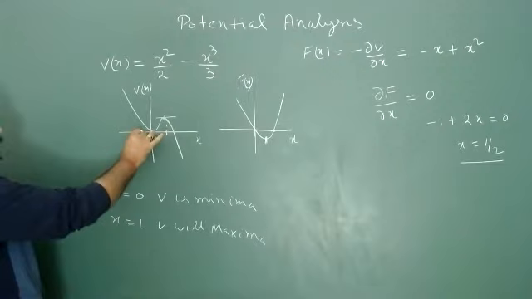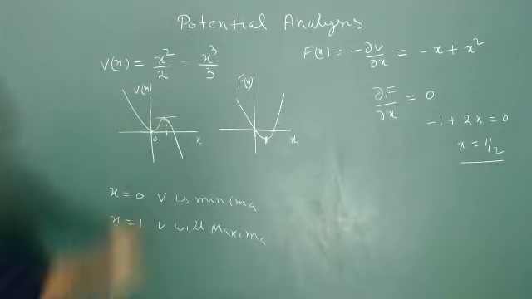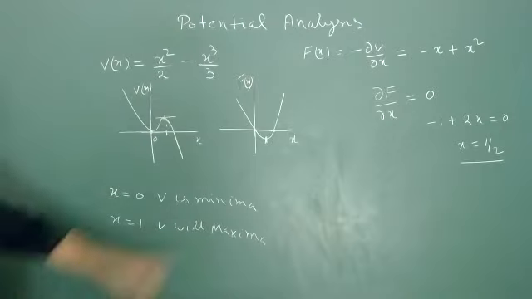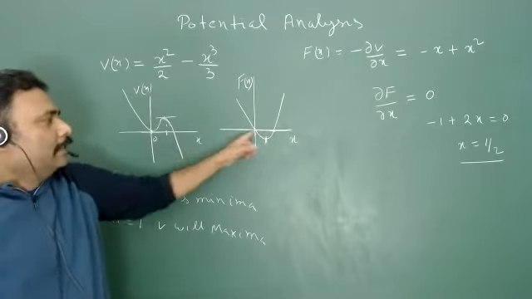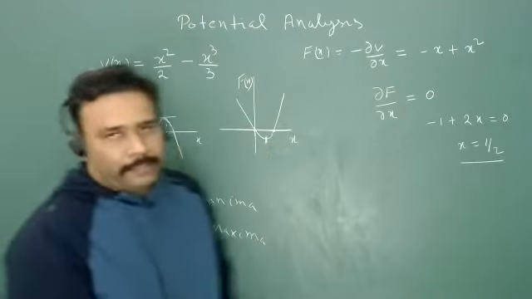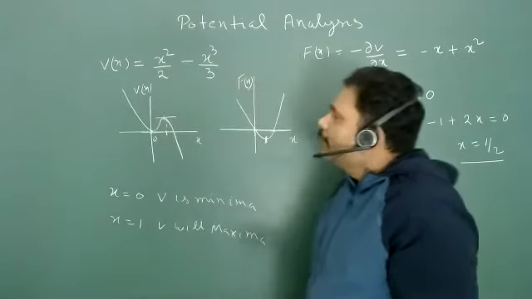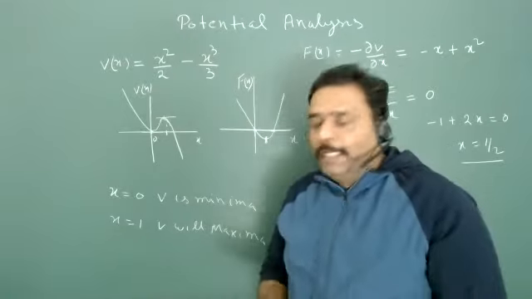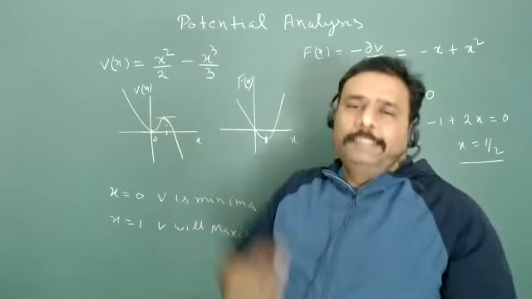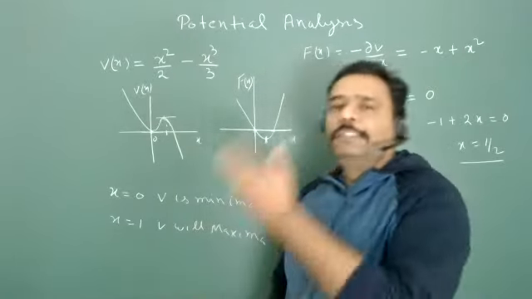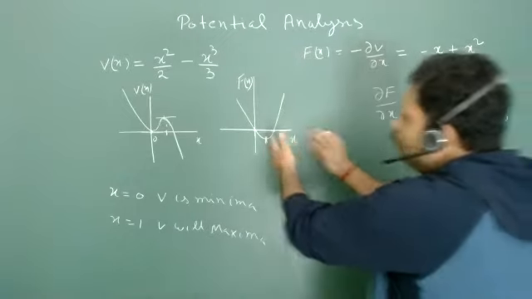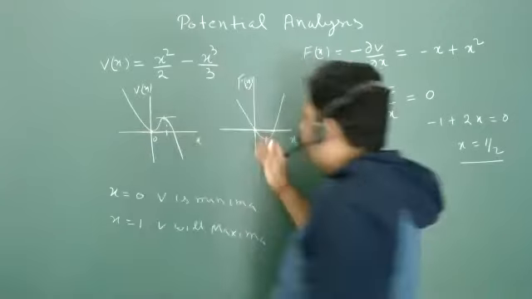The tangent at this point is parallel to the x-axis. So we have 0 force, and it is clearly identified here. Now if someone gives you this potential and asks in which range the force is increasing or decreasing, then what you have to do? You have to plot this. Without plotting, you cannot say anything about the force.